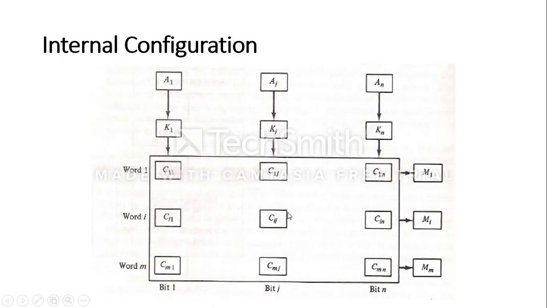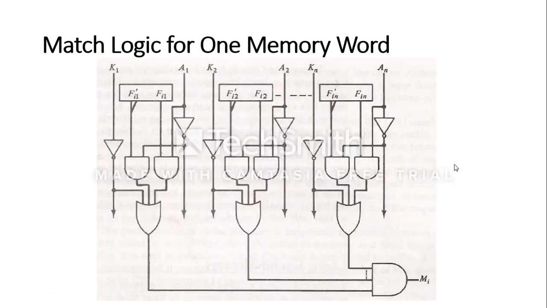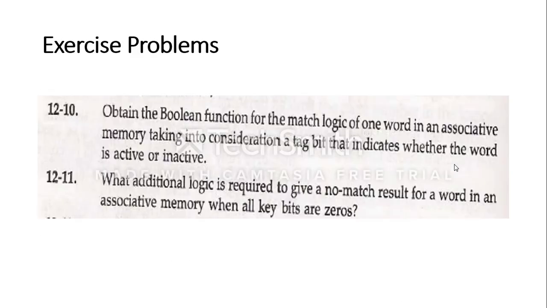In this configuration, the argument register, key register, match register and the actual memory are available. Now you need to include the tag register also in this configuration, and show the required interconnections. A block diagram would be sufficient to answer this question.